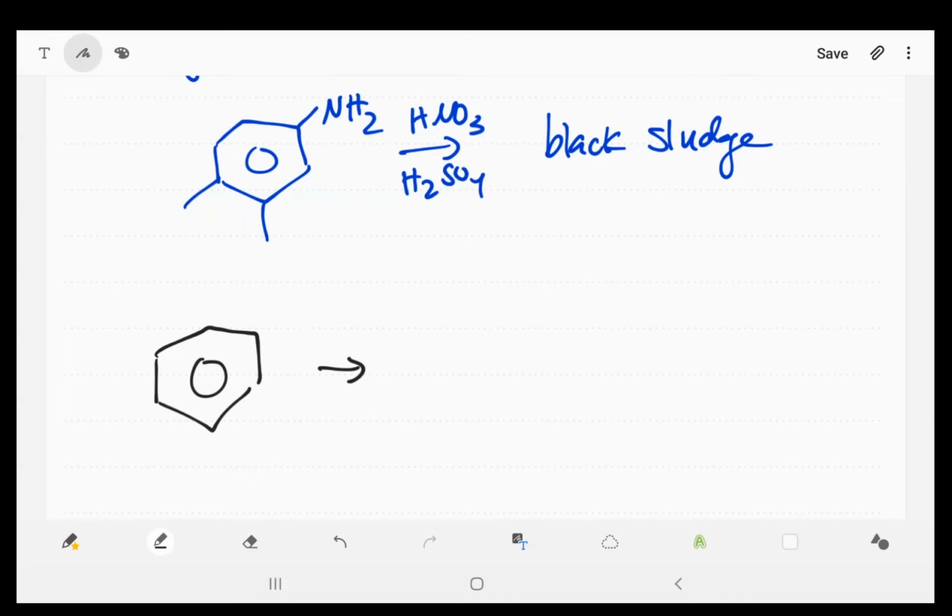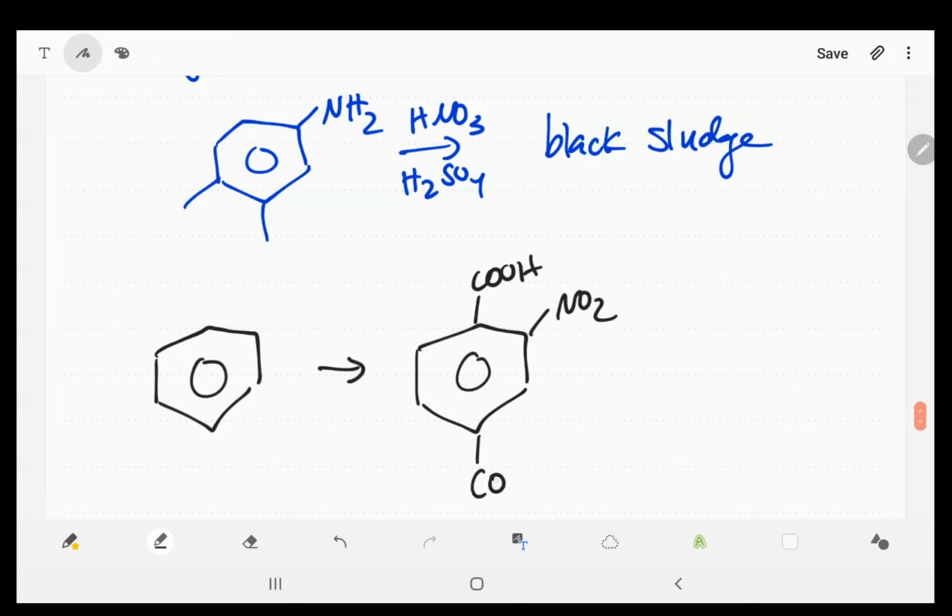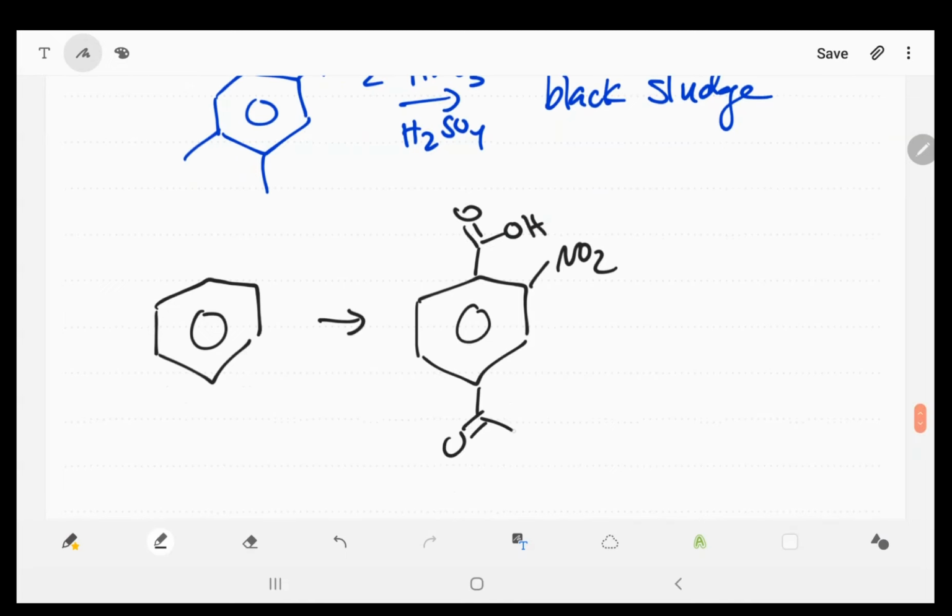All right, let's make this. COOH, carboxylic acid, right? Here, I'll even draw it out. So, how the heck are we going to do this?